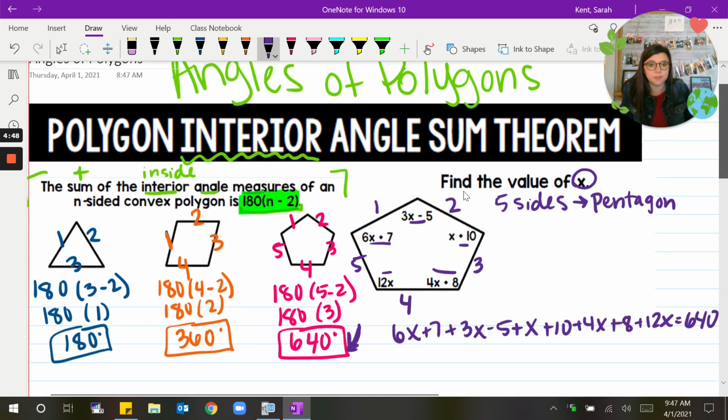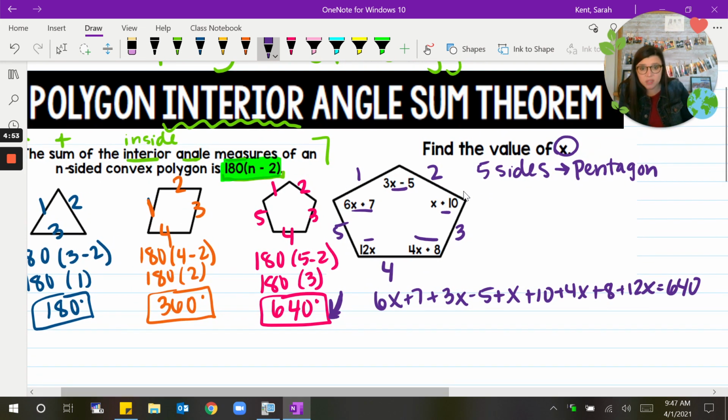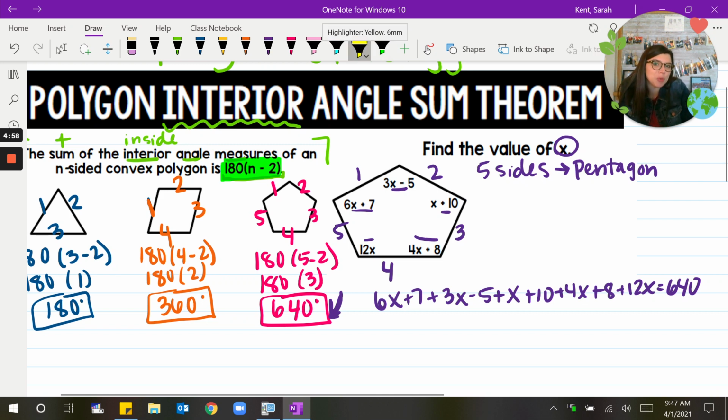Oof. That's a lot of numbers. So if you want, you can type all of that into the numeric solver. I'm going to make it a little shorter.